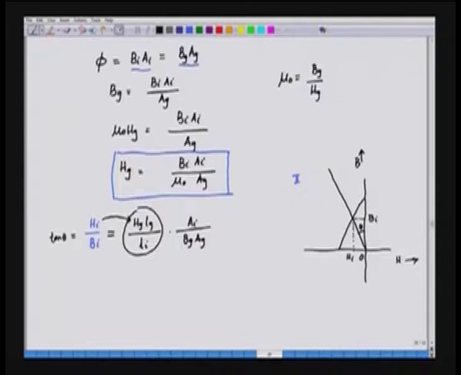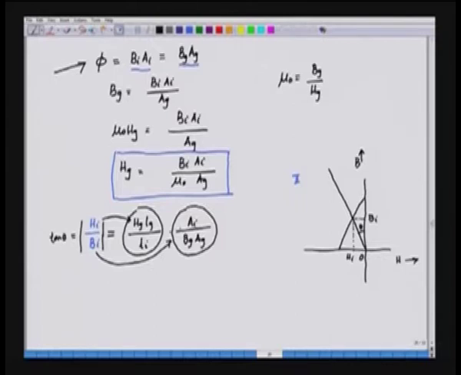I am talking about the magnitude only, so we will forget the angle. Hg Lg by Li is Hi. What is Bi? Bi is replaced by this expression, because we know that the same flux is passing through the iron and the air gap. According to this equation, Bi Ai equals Bg Ag. So, I can replace Bi by Bg Ag by Ai.